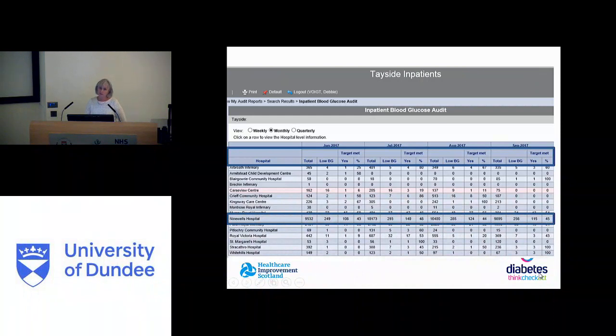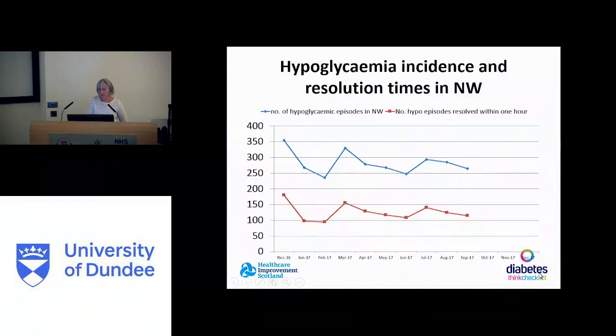I think we're good at treating hypoglycemia, but we're not good at rechecking blood glucose levels to evidence that the person has recovered. So in Ninewells Hospital, our compliance with good hypoglycemia management appears to be the latest 45%. In PRI, it's less, it's 37%.